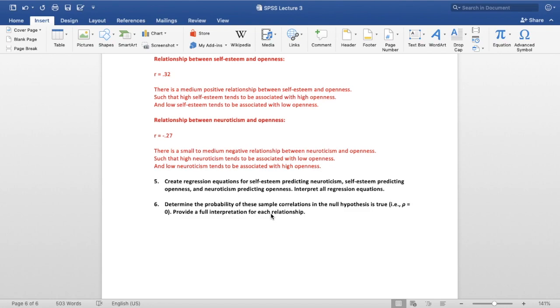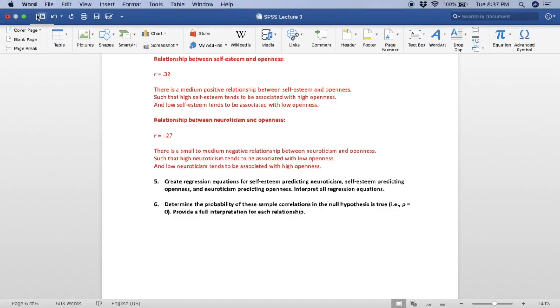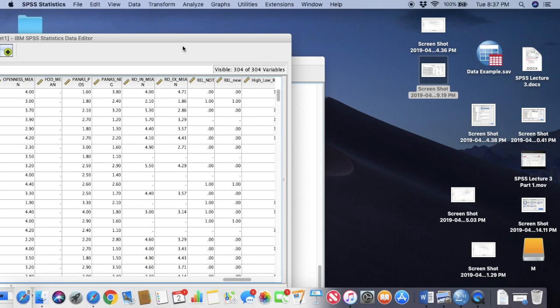Okay, perfect. So the next thing we need to do is create regression equations for self-esteem predicting neuroticism, self-esteem predicting openness, and neuroticism predicting openness. And then we need to interpret all of those regression equations. So let's go ahead and do that. To do that, we need to go to SPSS.